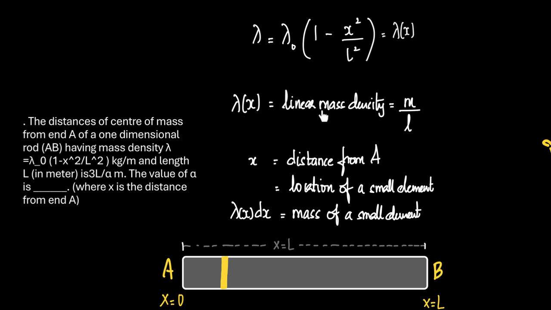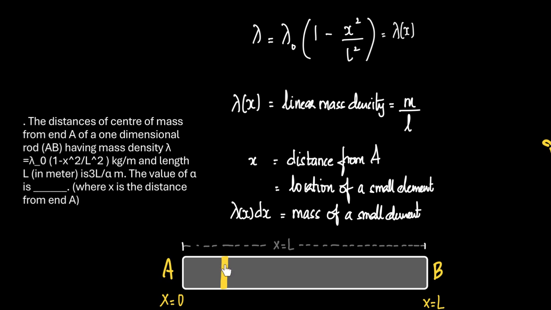Lambda x is the linear mass density, which means the mass per unit length. What is x? x is the distance from A.